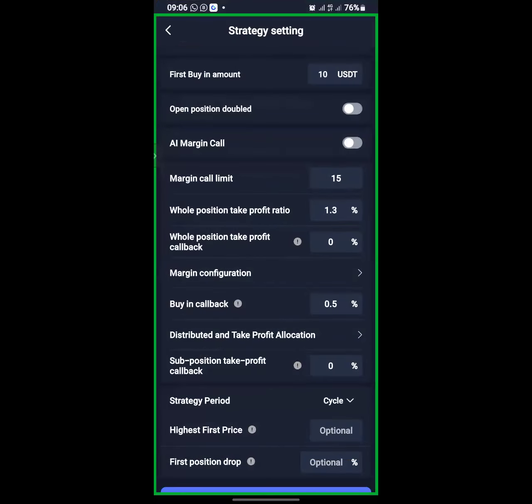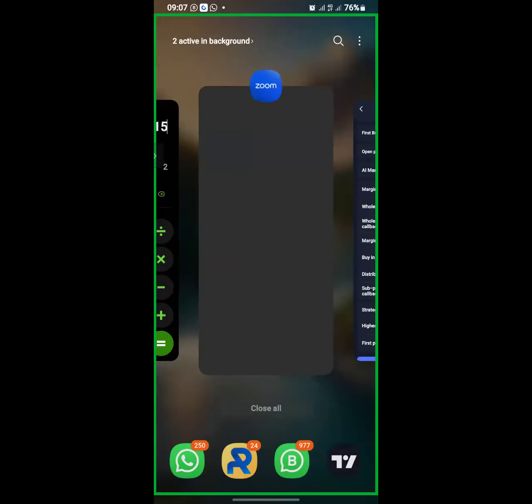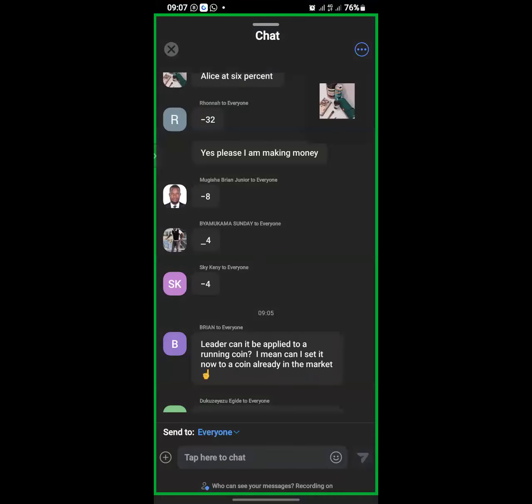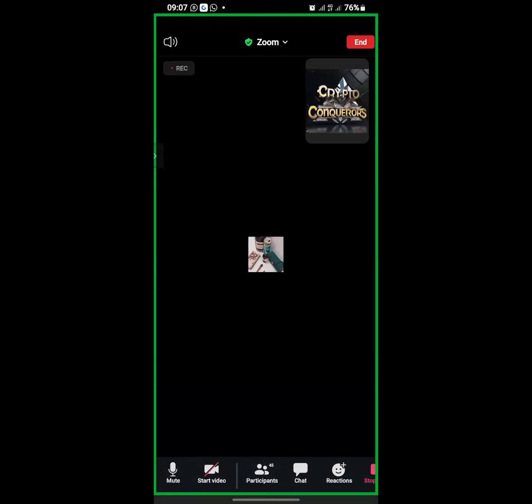So before you proceed, you come on your distributed and take profit allocation. Hold on, I'll share my screen again.